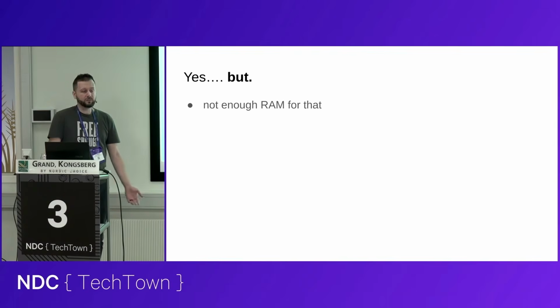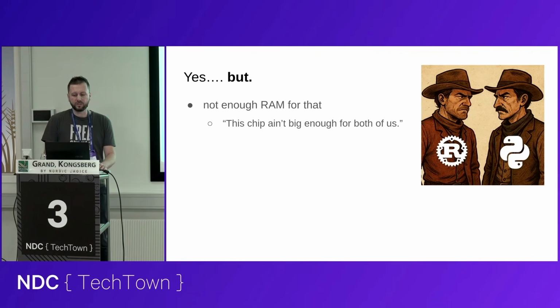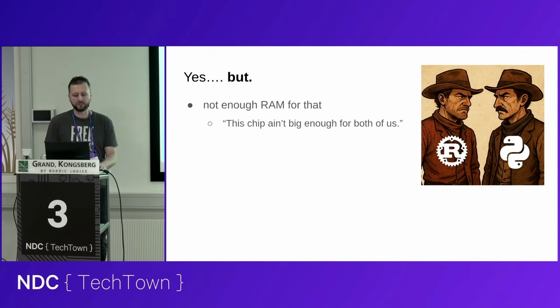First of all, we don't really have enough RAM for that. We have 256 kilobytes. Even if we split it in half, each language gets at most 128, which may be less than we need. And we need to decide whether this place should be in Rust, this place should be in MicroPython. It's bringing all sorts of ugly difficulties.